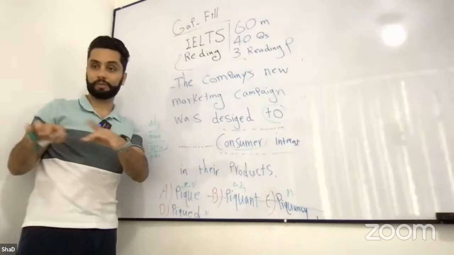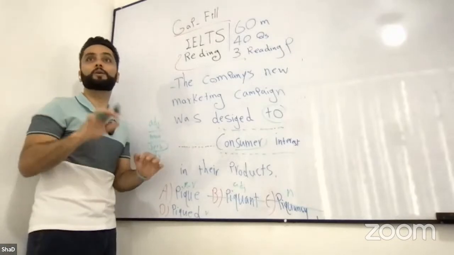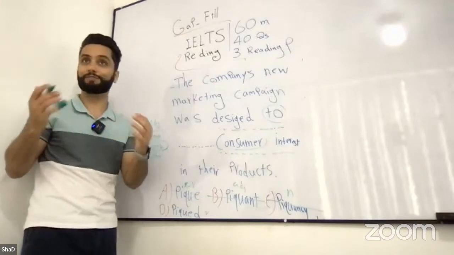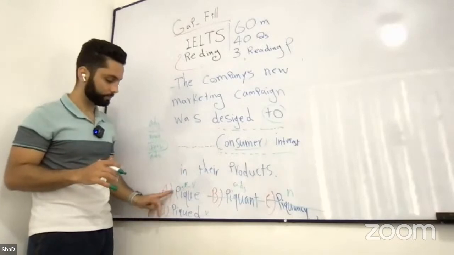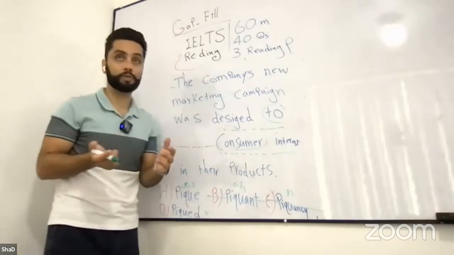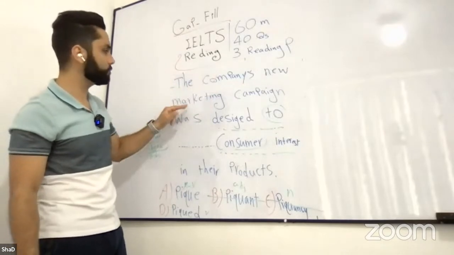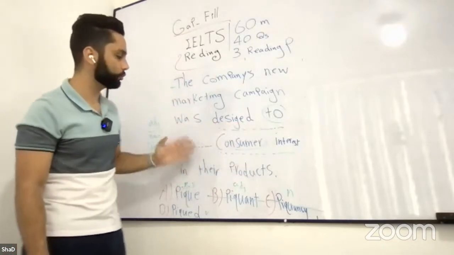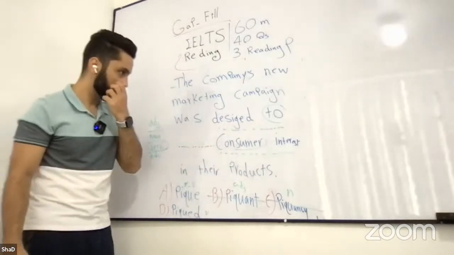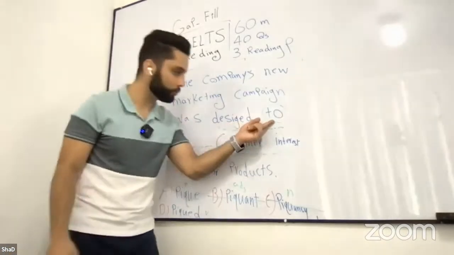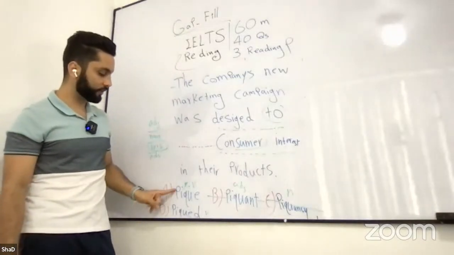Again, you can type in the chat, wherever you are watching this, live or after the live, and guess which one we need. So let's read the sentence again. The company's new marketing campaign was designed to consumer interest in their products. So after "to," what kind of verb do we need?